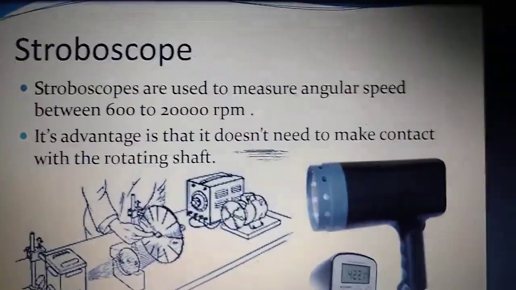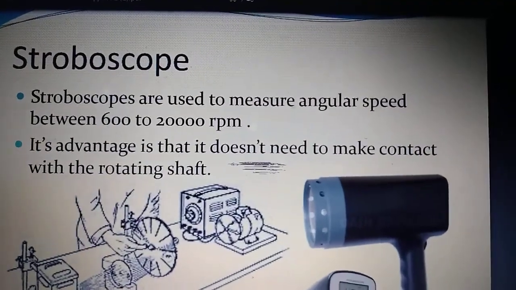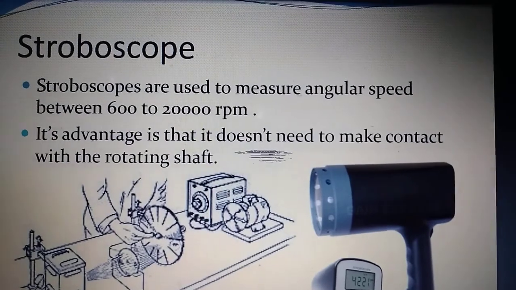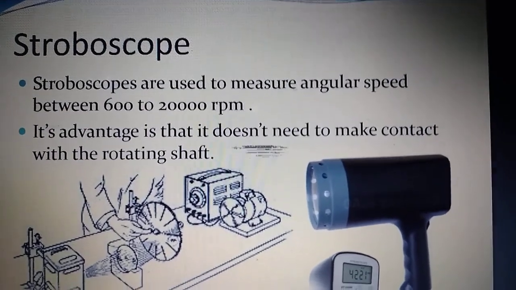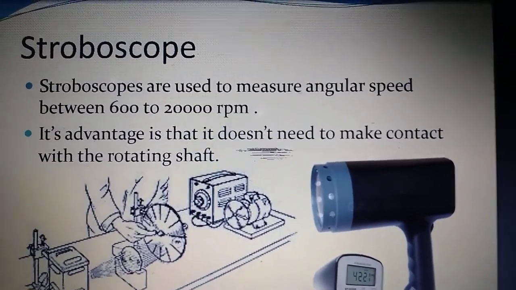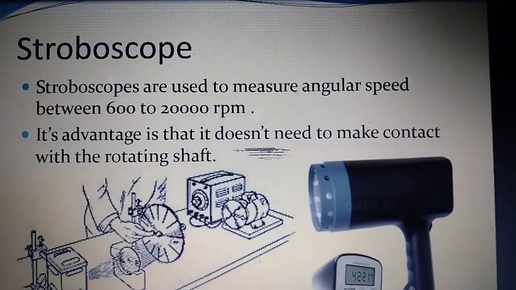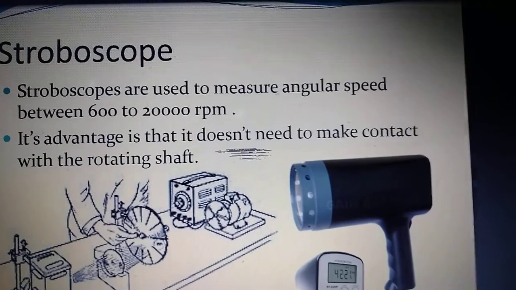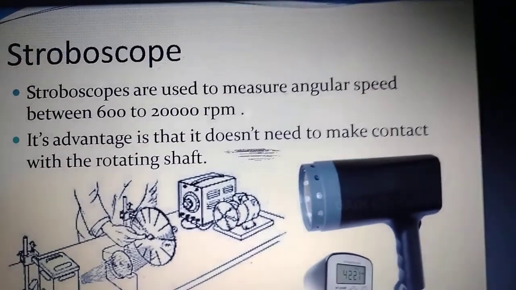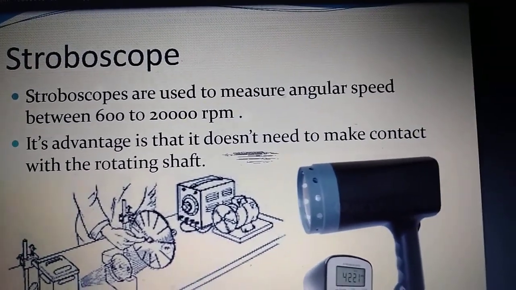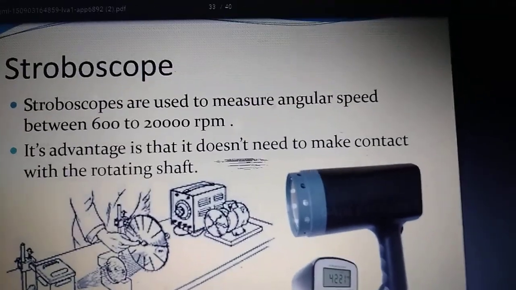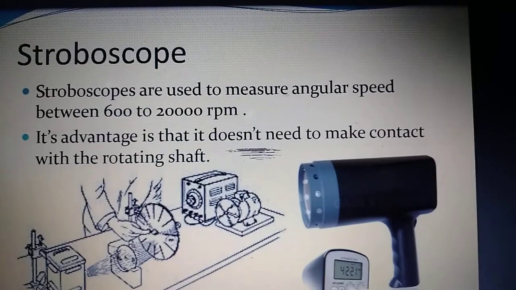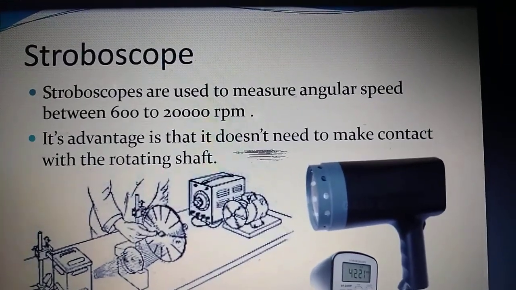Now we will see how we construct the stroboscope transducer and what the working principle is. Here we take one input shaft whose velocity is to be measured. We can take this as a motor shaft, engine shaft, or any rotating object. This is the speed source, or input shaft. Another important rotating object is the disc shaft.